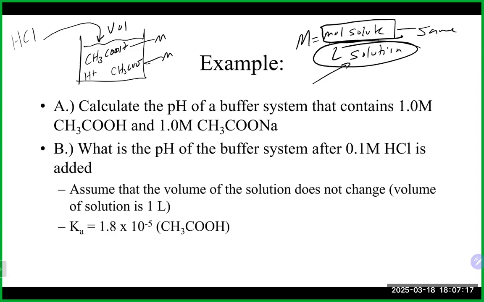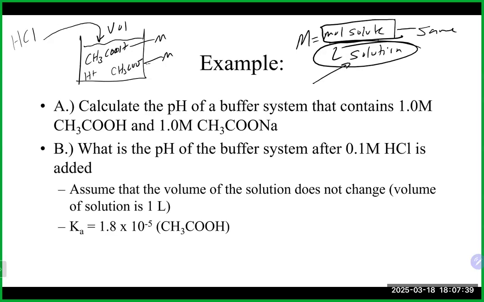After the first ice table, I highly, highly recommend that you convert those moles back into molarity, because 9 times out of 10, if you continue on with those numbers, you're going to need them in molarity and not moles. That's a common mistake that happens a little later on when we do some calculations.